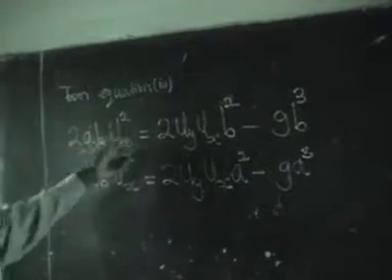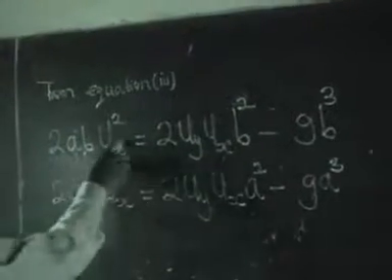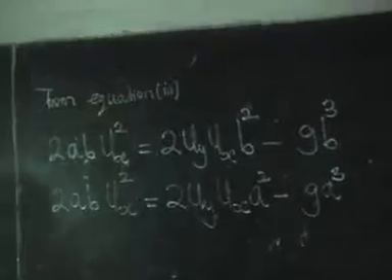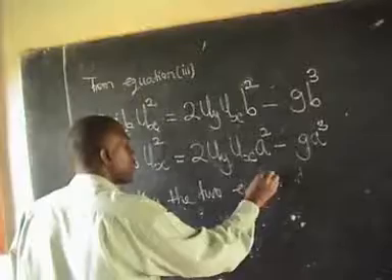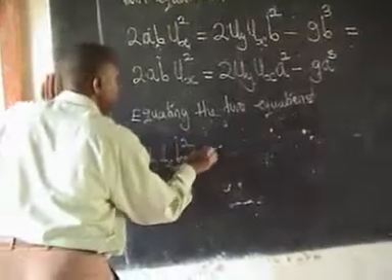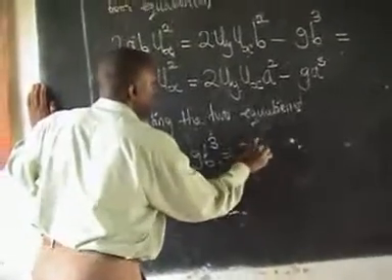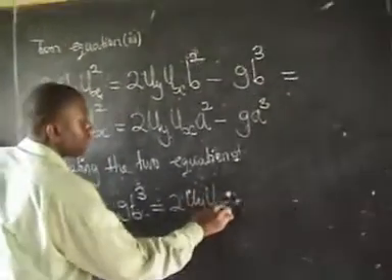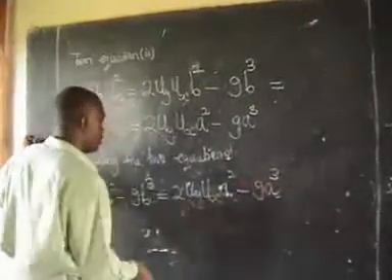So now we can equate these two and we make this uy ux the subject. Since these are the same, when we equate, we shall have uy ux times b squared minus g is equal to uy ux a squared minus g a cubed.